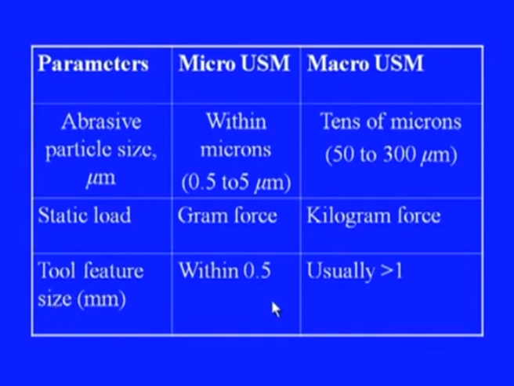So, it will be within 0.5 millimeter in case of micro USM, and usually it is greater than 1 millimeter in case of macro USM. So, thereby we can see now the differences between the micro USM as well as macro USM, which is to a very generalized extent it is the micro domain of the basic ultrasonic machining that is being performed.